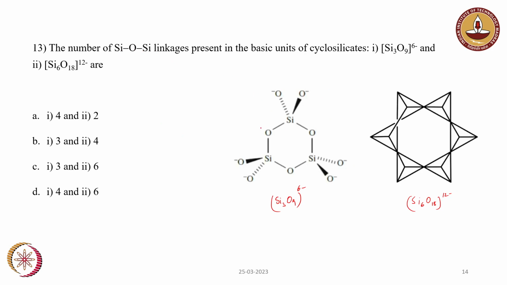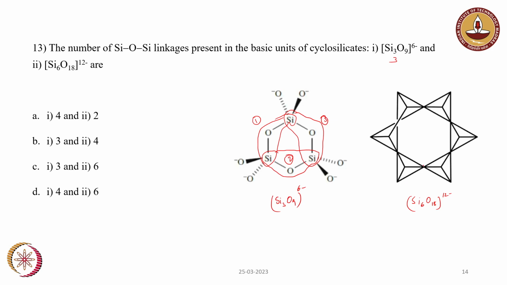Here the Si-O-Si linkages are 1, 2, and 3. So for Si3O9 6 minus, it's 3, and for Si6O18 we have to find.